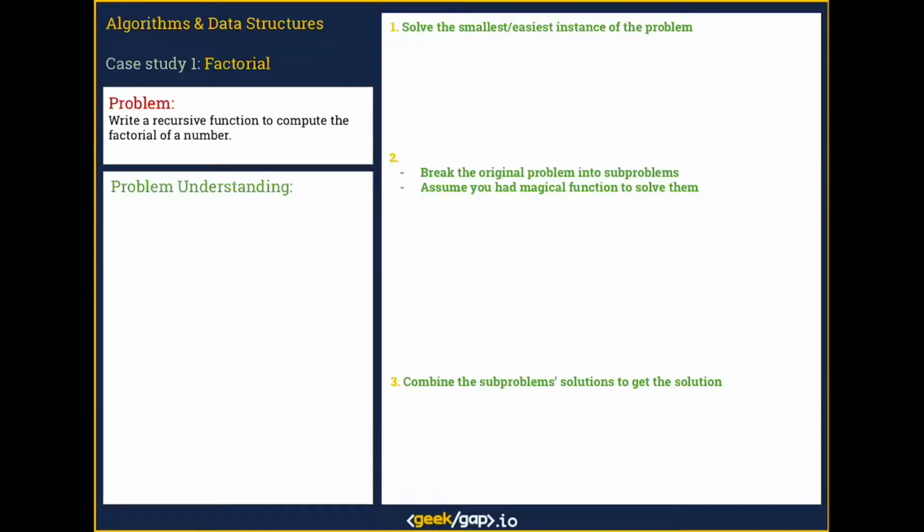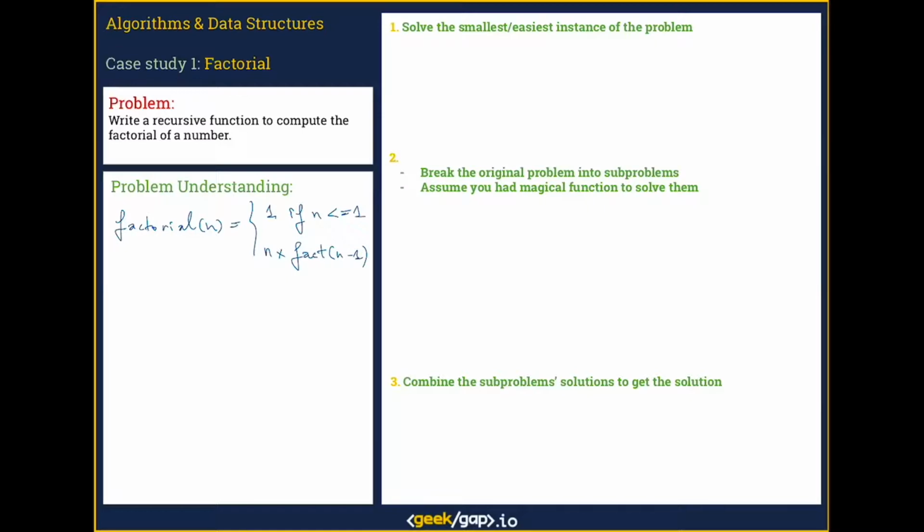Then he will say something like, factorial is the function defined such that factorial of n equals 1 if n is lower or equal to 1, and equals n times factorial of n minus 1 otherwise.